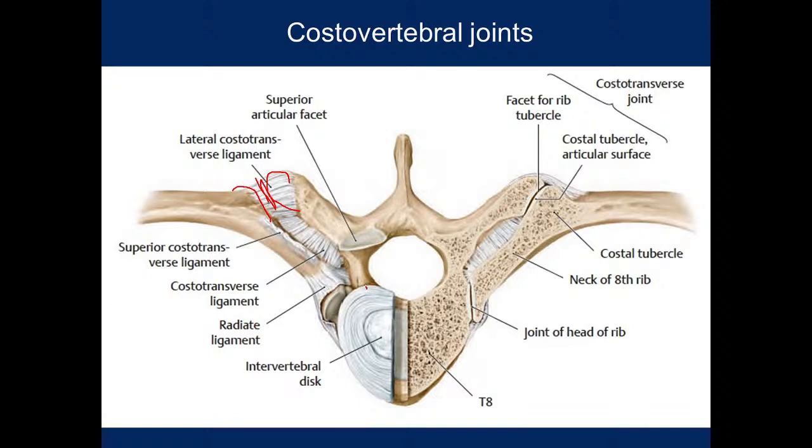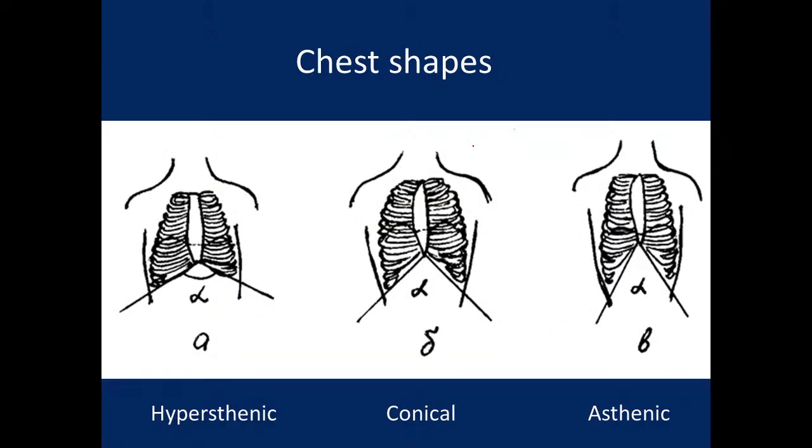But there is another type of joint here, the joints of the head of the ribs, and usually they are saddle-shaped joints, but only the first, 12th, and 11th are like spheroidal joints.